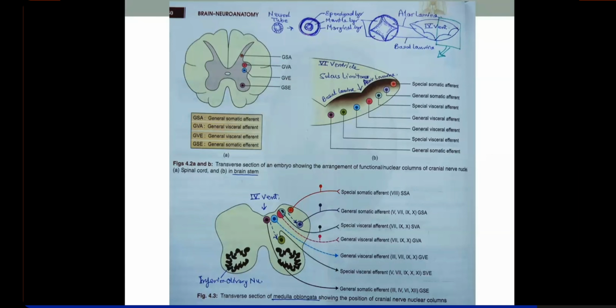It is the crista. And from utricle and saccule, it is the macula. The crista and macula are the sensory receptors found for balancing. Clear?